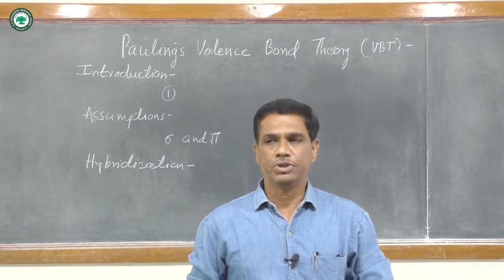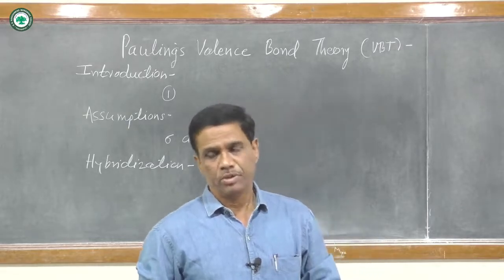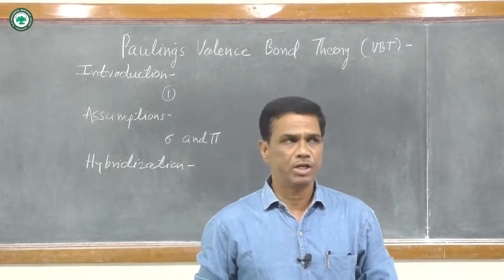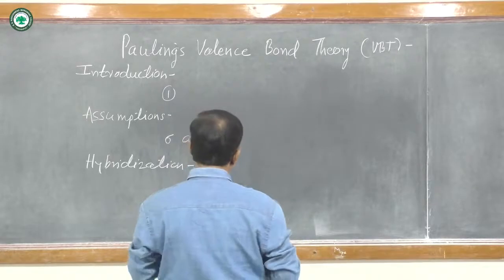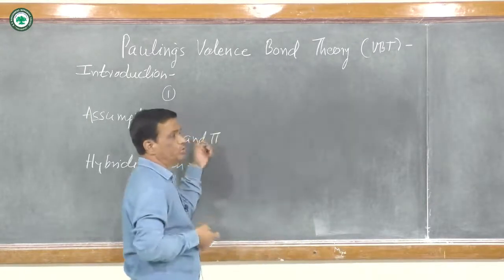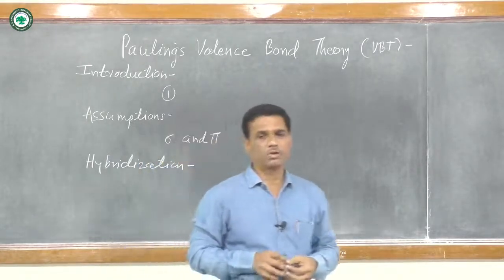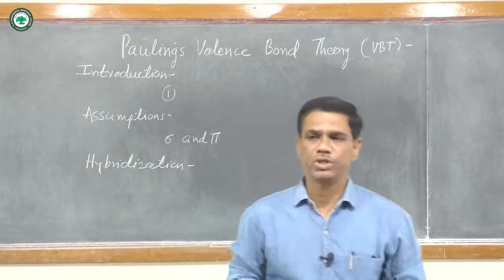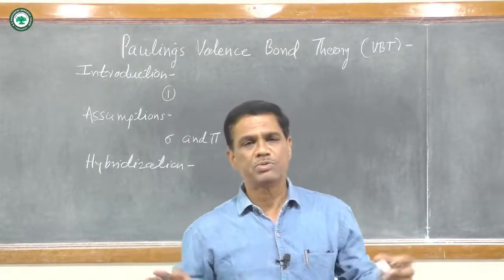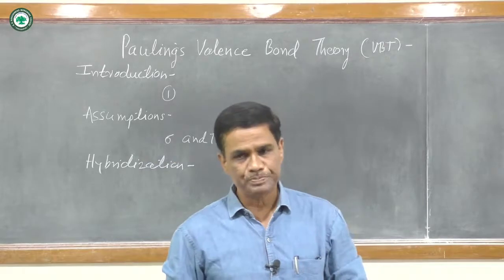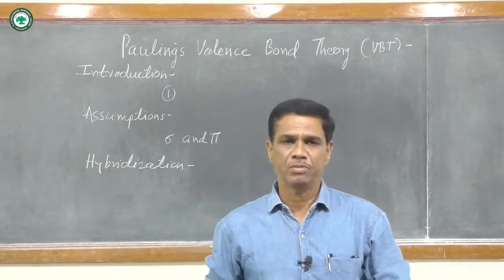Actually, according to the valence bond theory, when there is a formation of a coordinate bond, the electron density gathers in between the two nuclei.